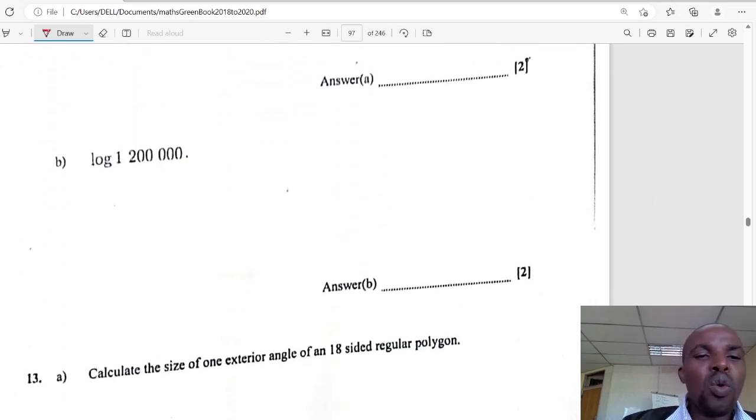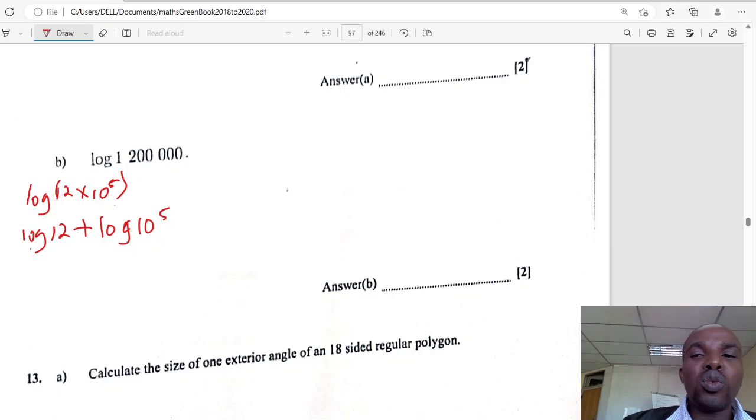Wow. So log 1.2 million, which number can you multiply? In this case, you can break it into 12 times, how many zeros, 1, 2, 3, 4, 5. So this one is 10 to the power 5. Then it will be log 12 plus log 10 to the power 5.